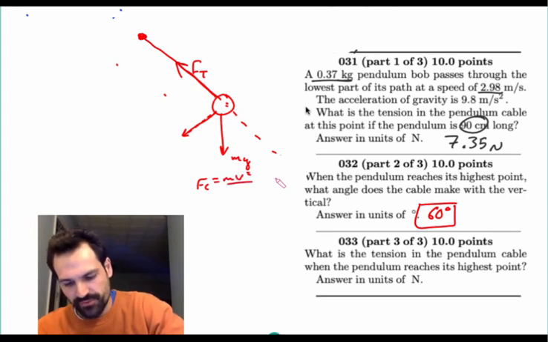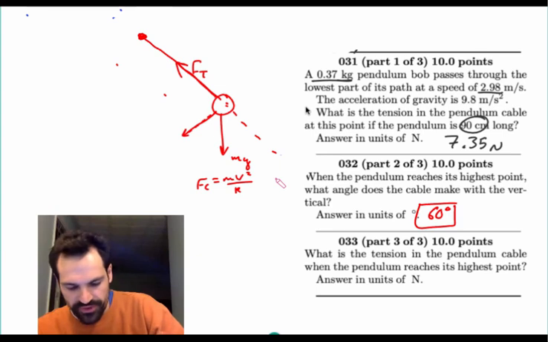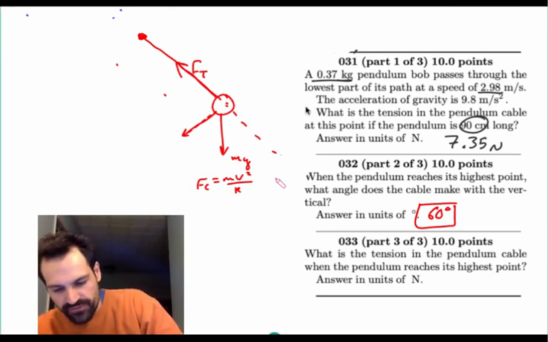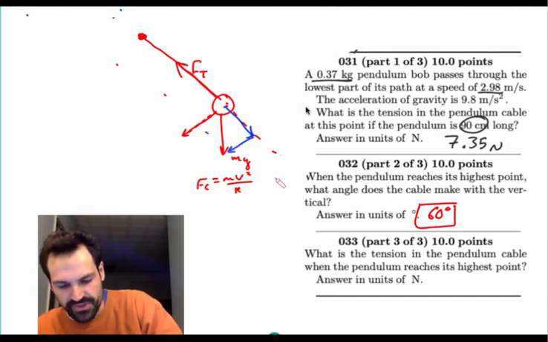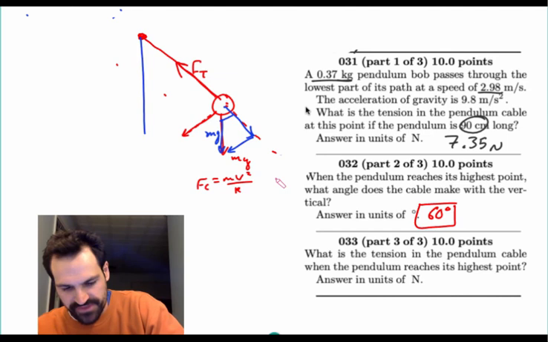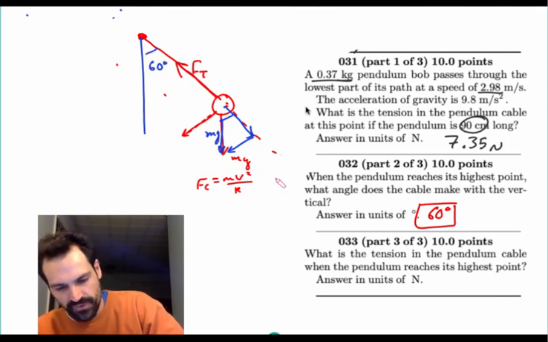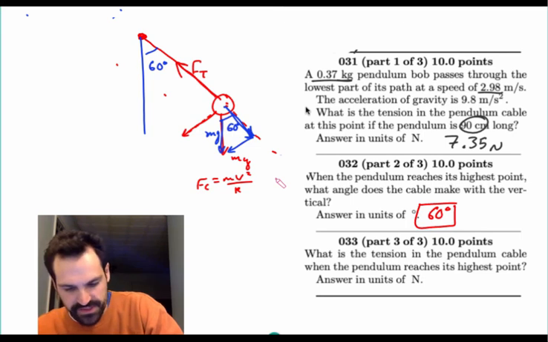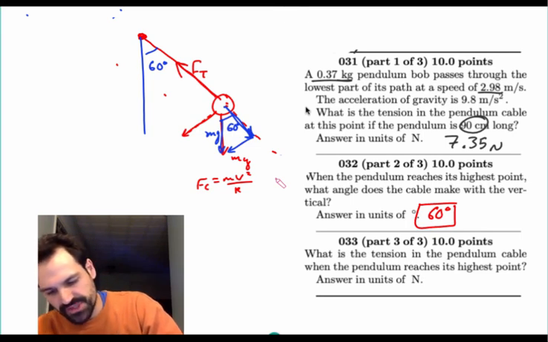And this gets a little bit more complex, but not that much, only because it's using angles, which means we need to consider the fact that mg has a horizontal component and a vertical component. So the hypotenuse is the full weight of it. And this is an angle of 60 degrees we calculated. Which means that this is also a 60-degree angle in here. And this is the adjacent side.